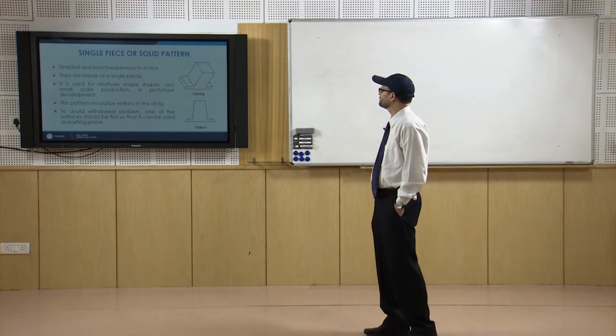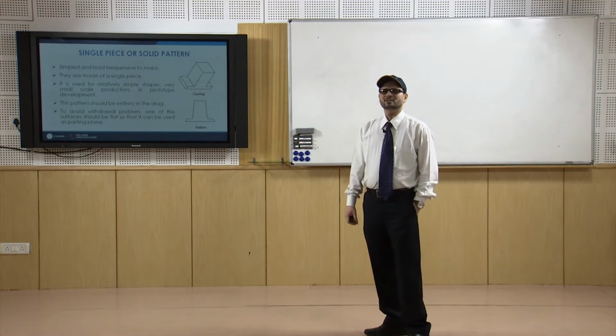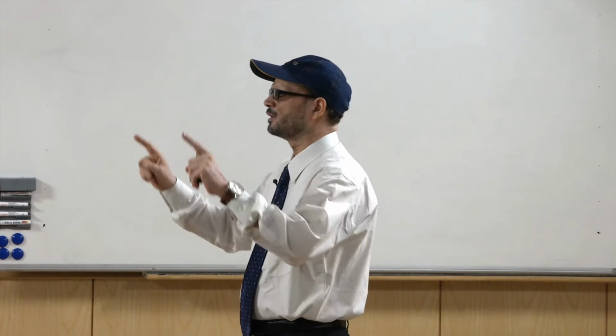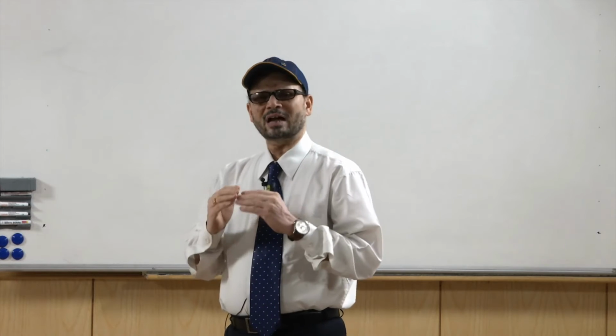The single piece or solid pattern is a very simple shape of pattern when you need to have the casting in one of the boxes. Suppose we are doing it in the drag itself, you are making the casting cavity.